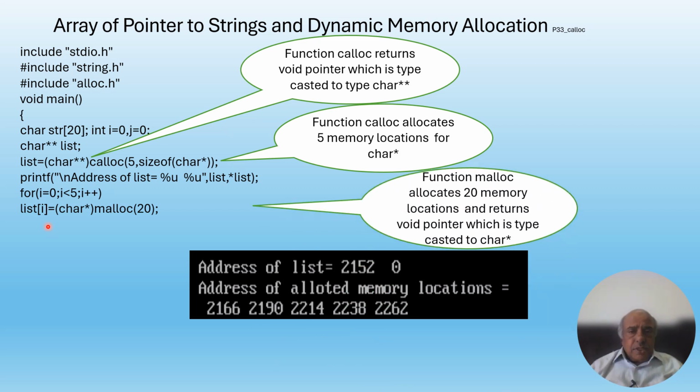So function malloc allocates 20 memory locations and returns a void pointer which is typecasted to char *. Since we will be using this array of pointers named list for storing pointers to strings, we are typecasting it to char *.